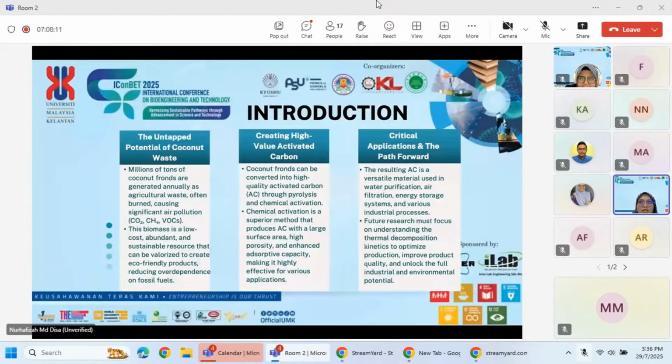Most of them are focusing on the quality and the quantity that has been produced, and lack understanding in terms of the thermal decomposition kinetics to optimize production, how to improve the product quality, and also unlock the full industrial and environmental potential.